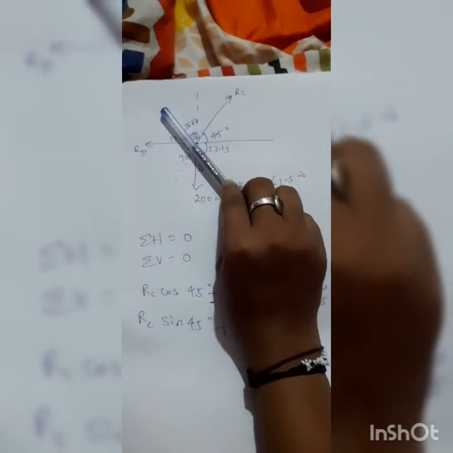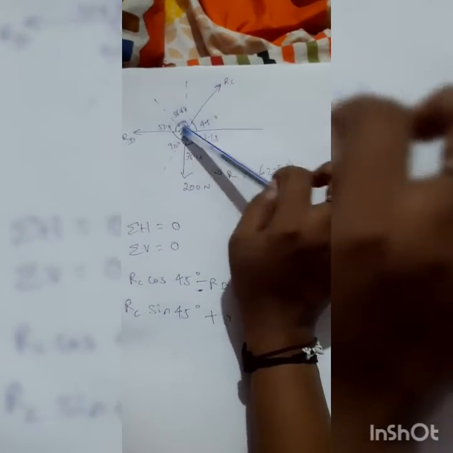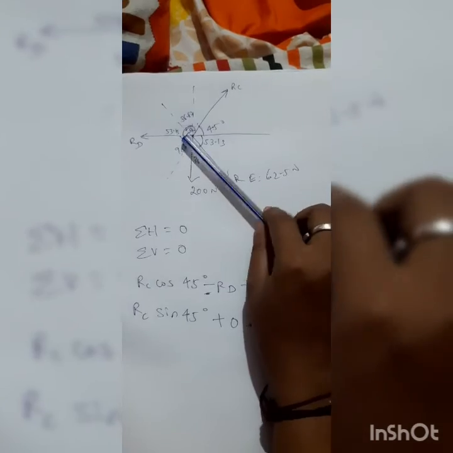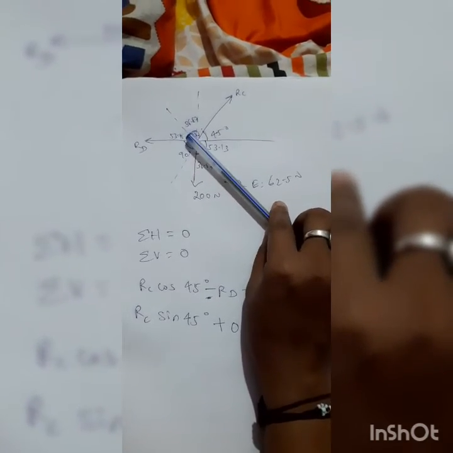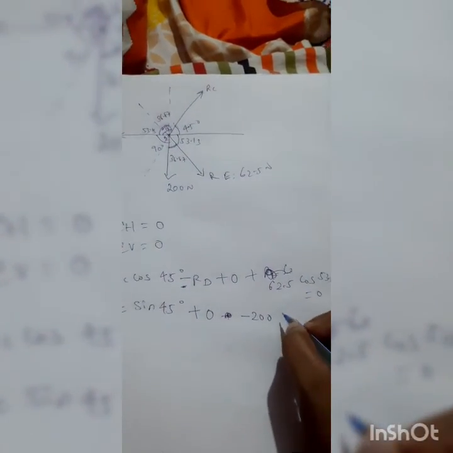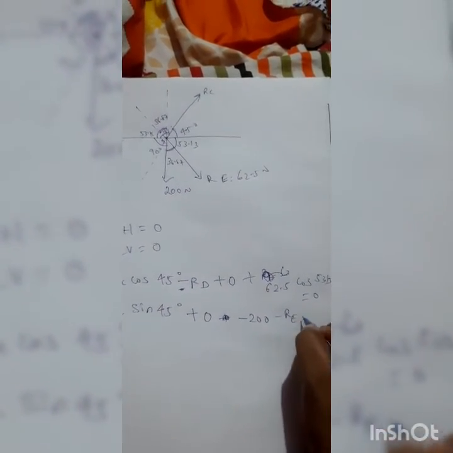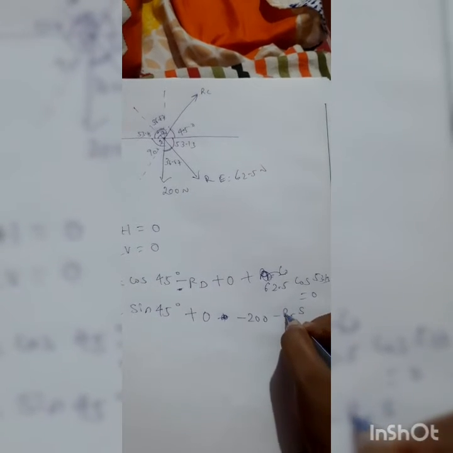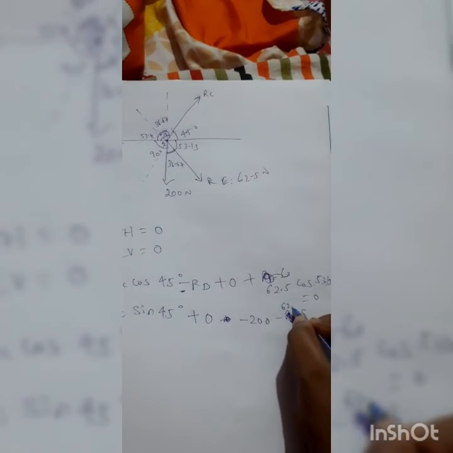Similarly RE, it is inclined 53.13 degree with the horizontal, so its vertical component will be sine component and its arrowhead is like this, so it will act along negative y-axis, so minus RE, value is known, 62.5 sine 53.13 degree and its sign is negative, equal to 0.